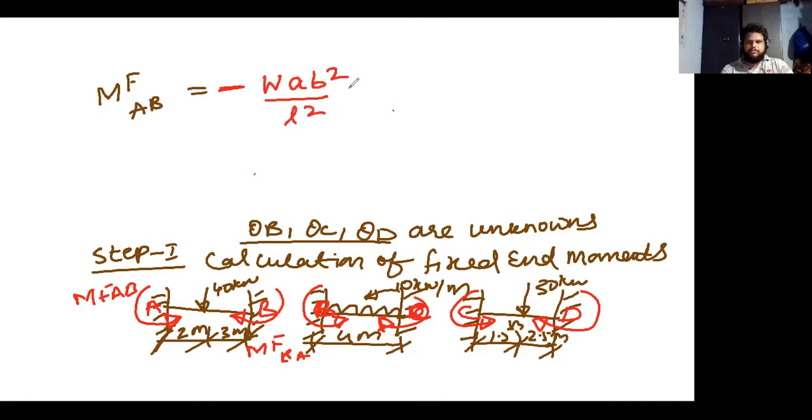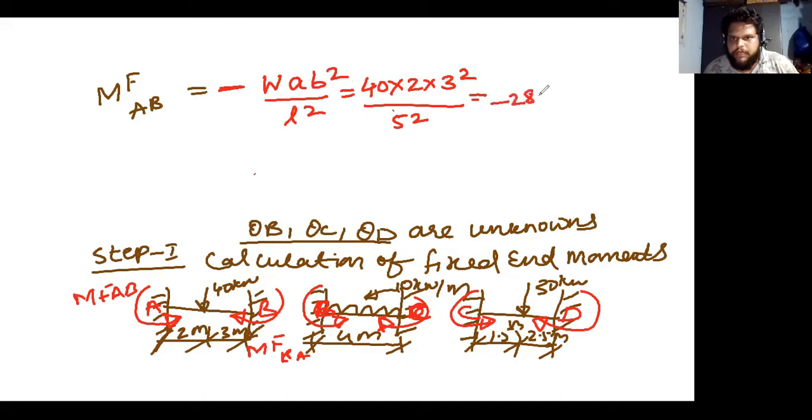You just substitute the values: 40 into 2 into 3 square divided by 5 square, since total L is 5. This will give you minus 28.8 kilonewton meter.